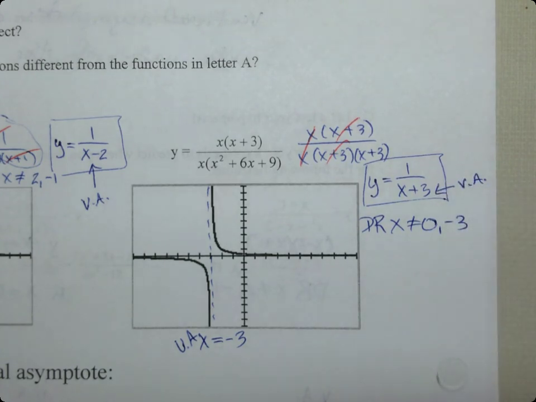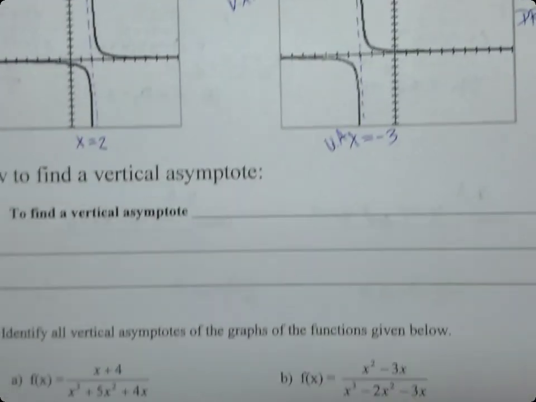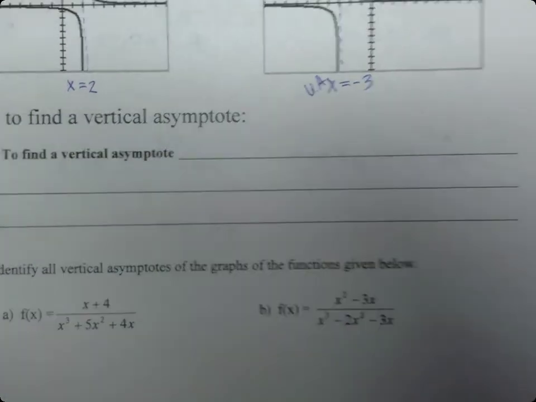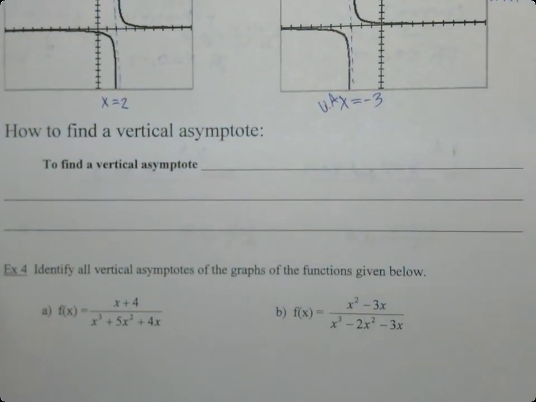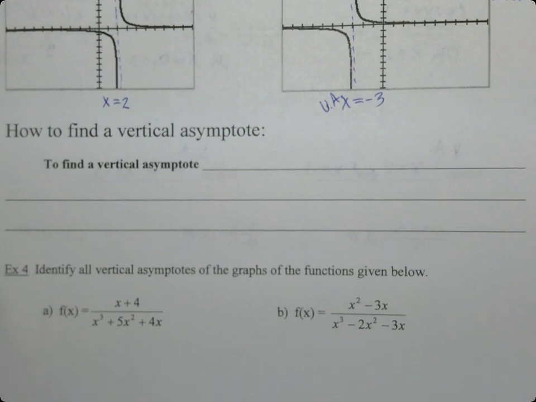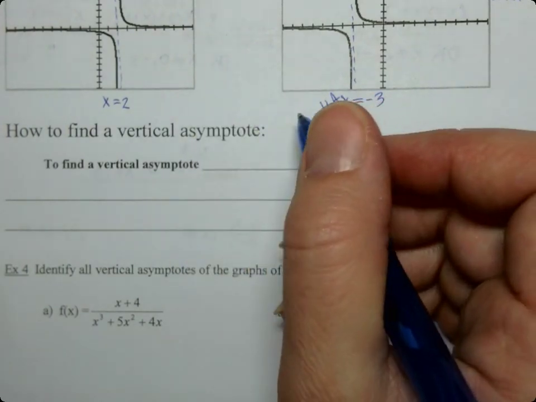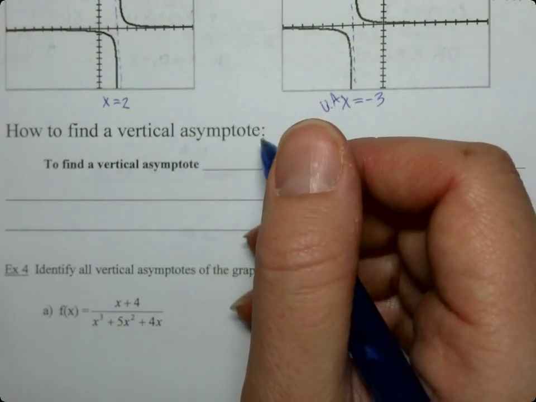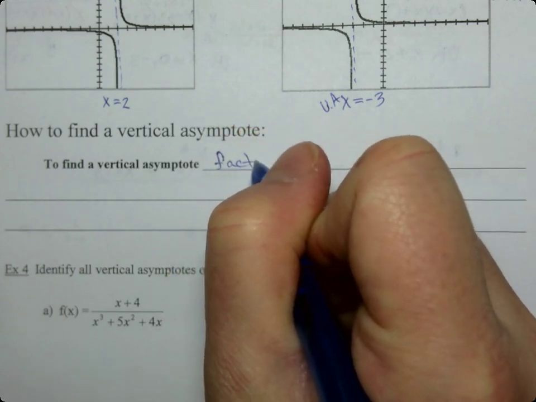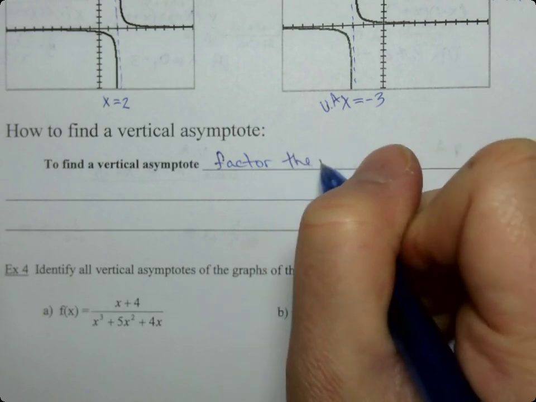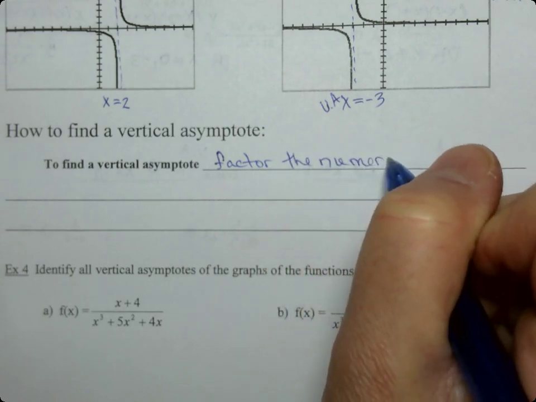All right, so how do we find a vertical asymptote, guys? How do you find it? What do you need to do? Okay, well, first let's talk about factoring. To find a vertical asymptote, you're going to factor both parts: the numerator and denominator.